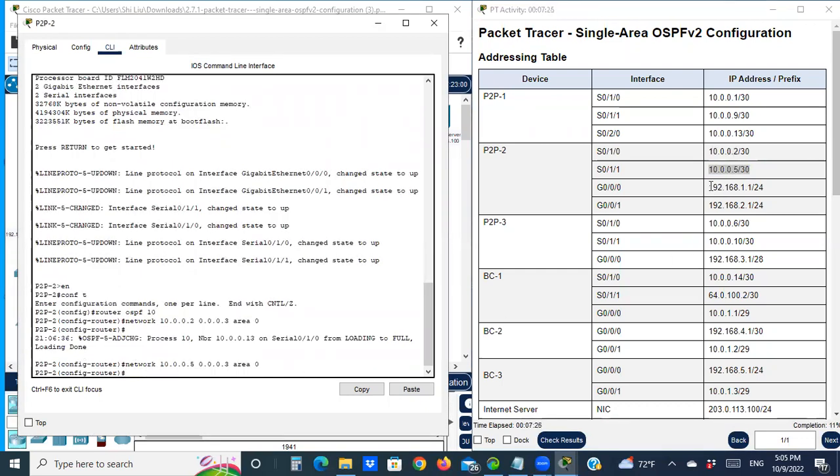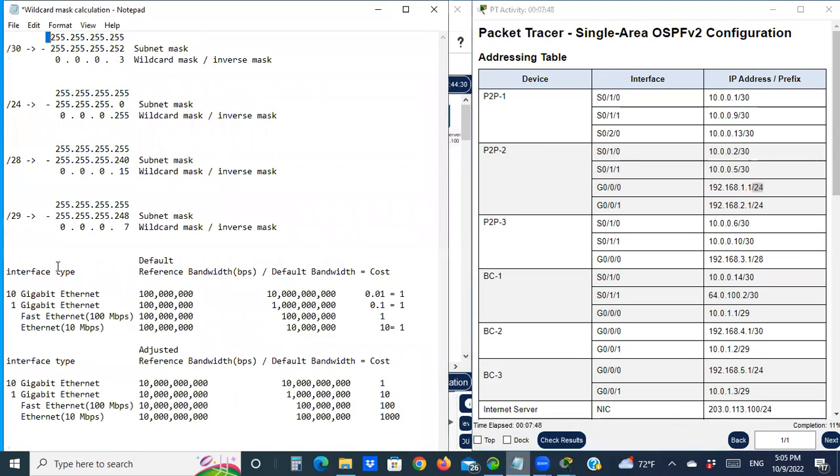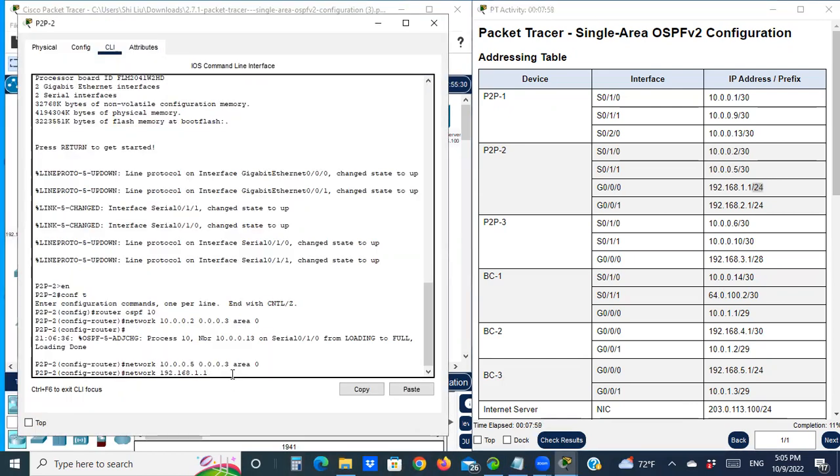Third network. This is a network address, 192.168.1.1. Here's a /24. Let's look at the inverse mask. For /24, the inverse mask is 0.0.0.255, area 0.